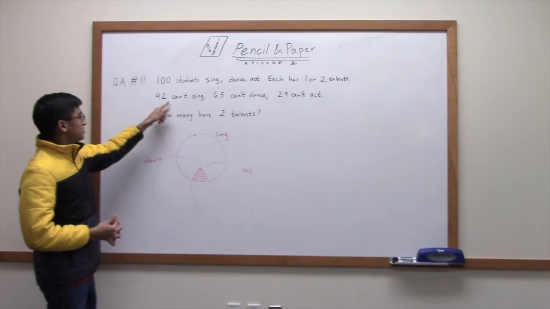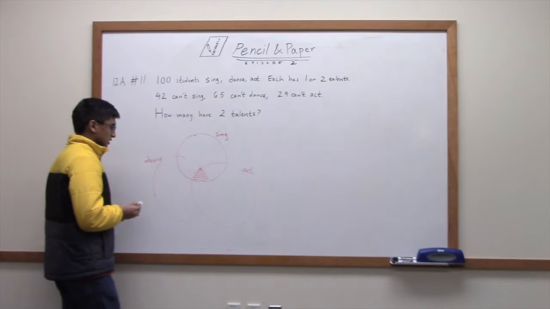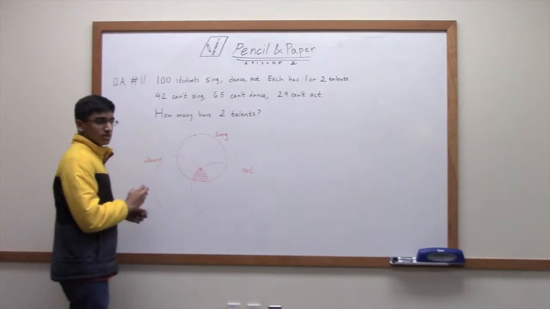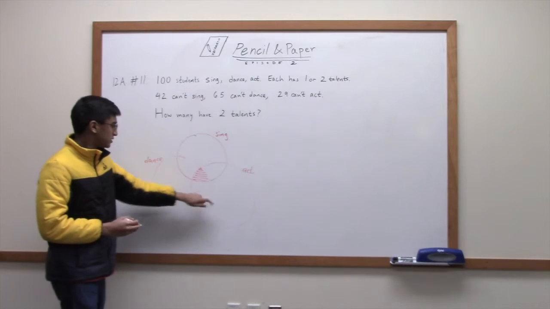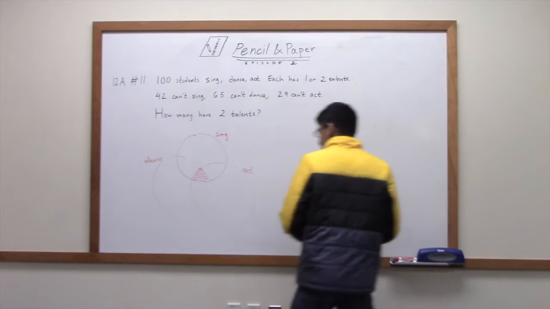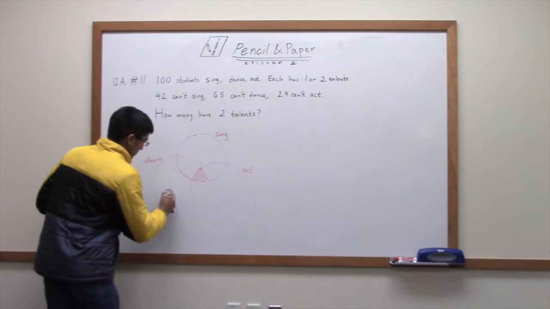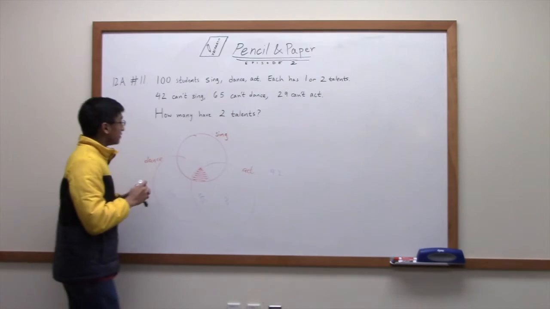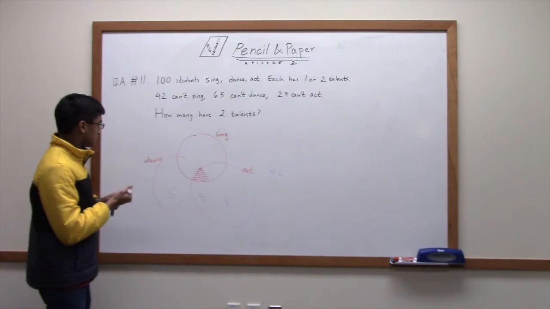Okay. So what else do we know? Well, we know that 42 of them cannot sing. So it means that these 3 regions together have 42. So this part is 42. Right? 65 cannot dance.